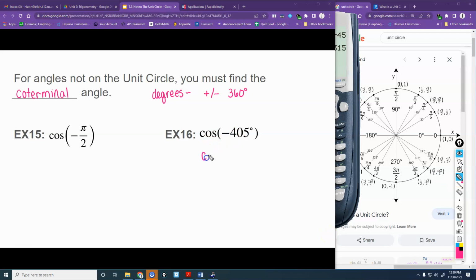So, cosine of negative 405 is the same as cosine of 315 degrees, because they end up in the same spot on the circle, right? So, cosine of 315, I'm going to go to 315 and look at this coordinate right here. That is cosine, which means I want to look at the x coordinate there. So I would get square root of 2 over 2 as my answer.